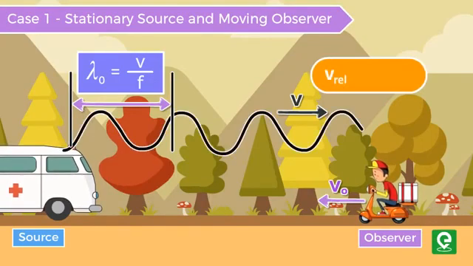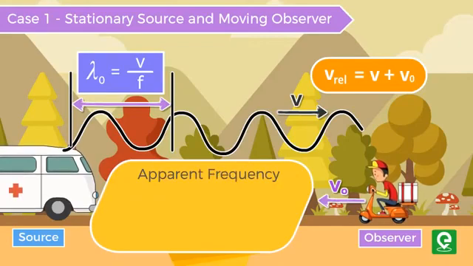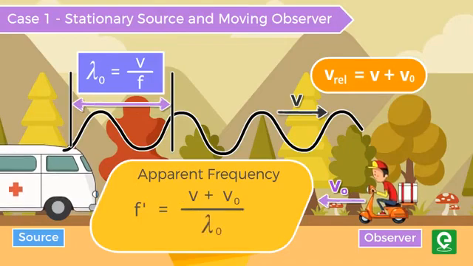Therefore, the relative velocity with which the sound of wavelength lambda naught will approach the observer will be v plus v naught. Thus, the apparent frequency of sound heard by the observer, f dash, equals (v plus v naught) upon lambda naught. By substituting the value of lambda naught, we get f dash equals (v plus v naught) upon v, into f.